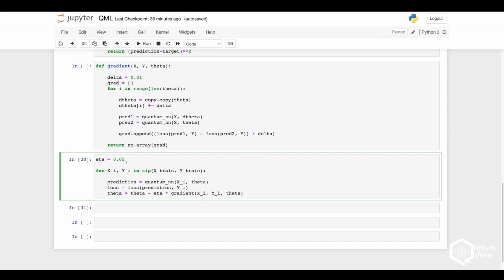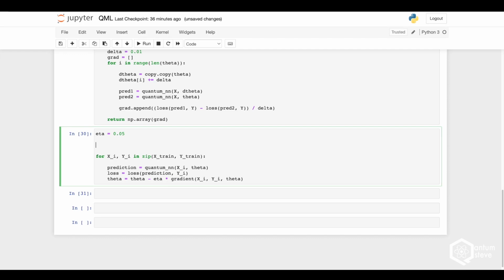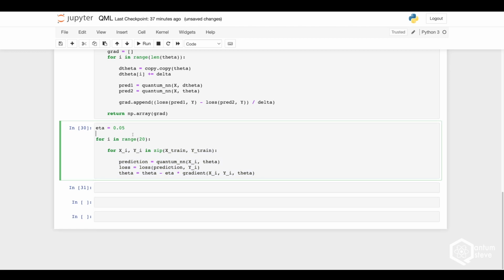Now, typically you require a few more passes through your data set. So this here would just be one pass through the data set. So now let's just put another loop here to pass a couple of times through the data set. Okay, so this is called an epoch, a training epoch.